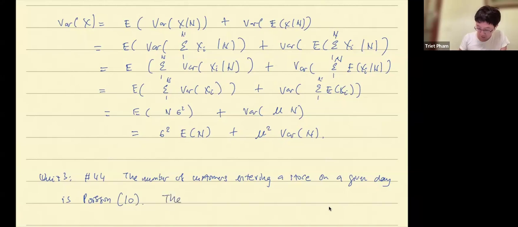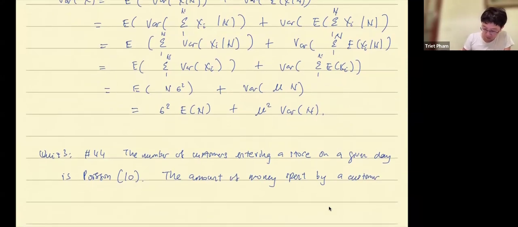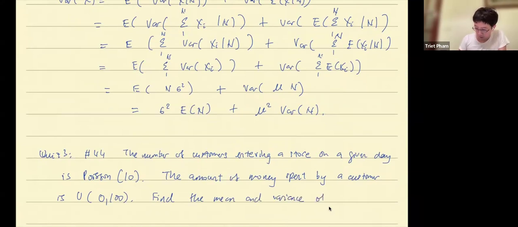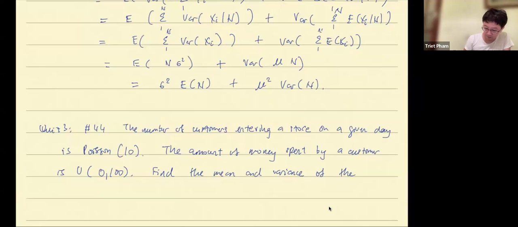The amount of money spent by a customer is uniform 0 to 100. Find the mean and variance of the amount of money that a store takes in on any given day.